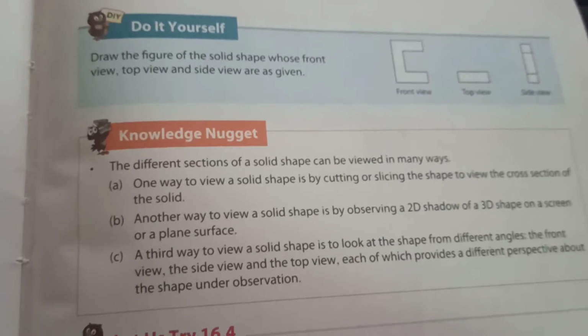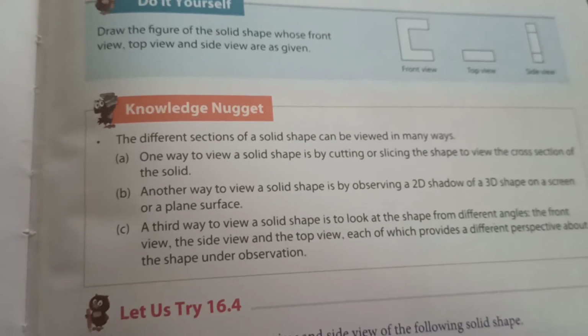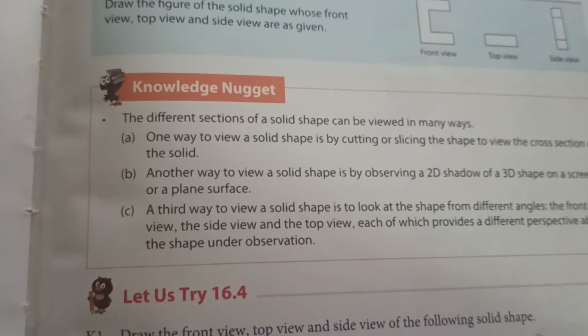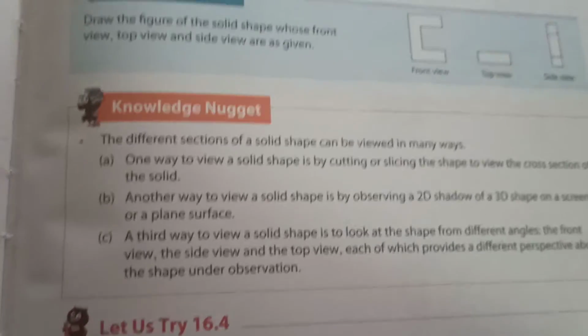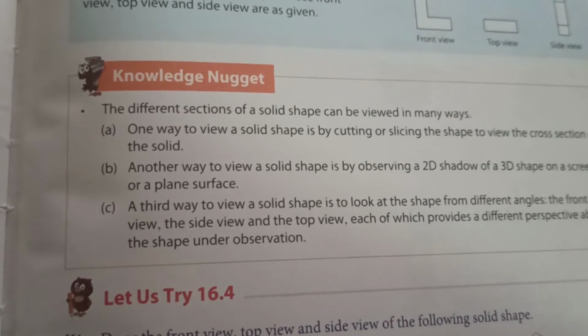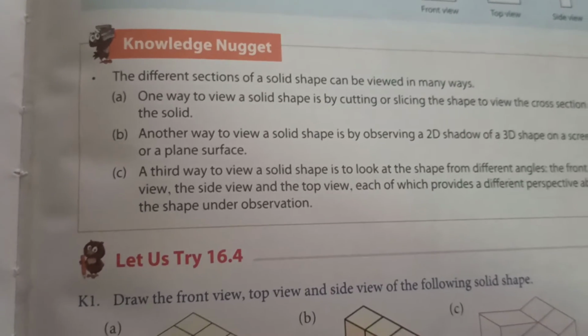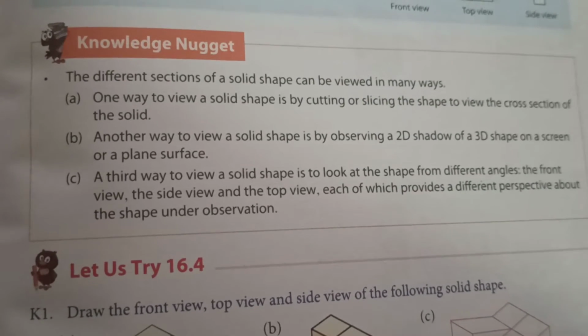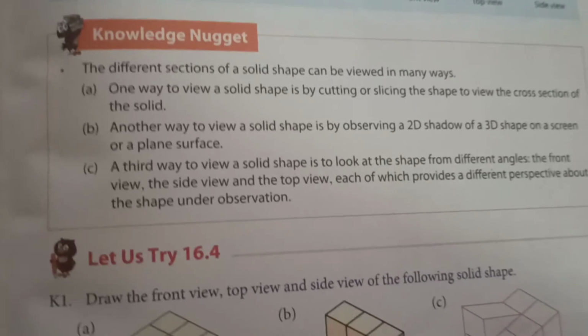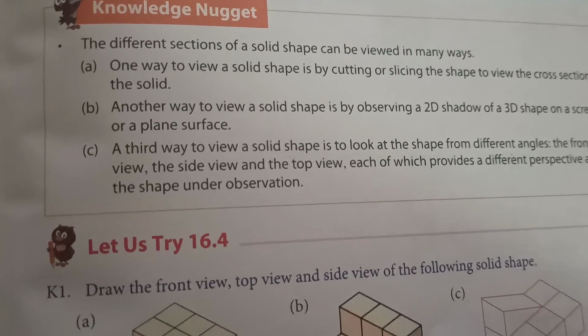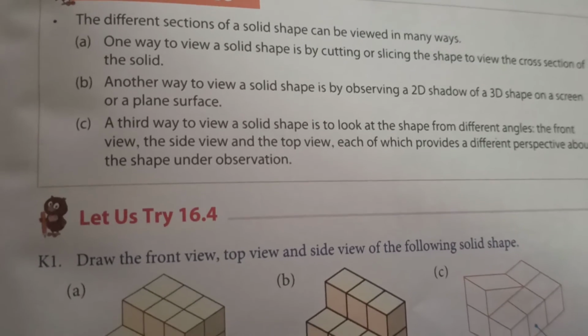Now after that, one knowledge nugget: the different sections of a solid shape can be viewed in many ways. Any solid shape, 3D, you can see in many ways. One way to view a solid shape is by cutting or slicing the shape to view the cross section of the solid. Right? The first one is the cross section that we have discussed.